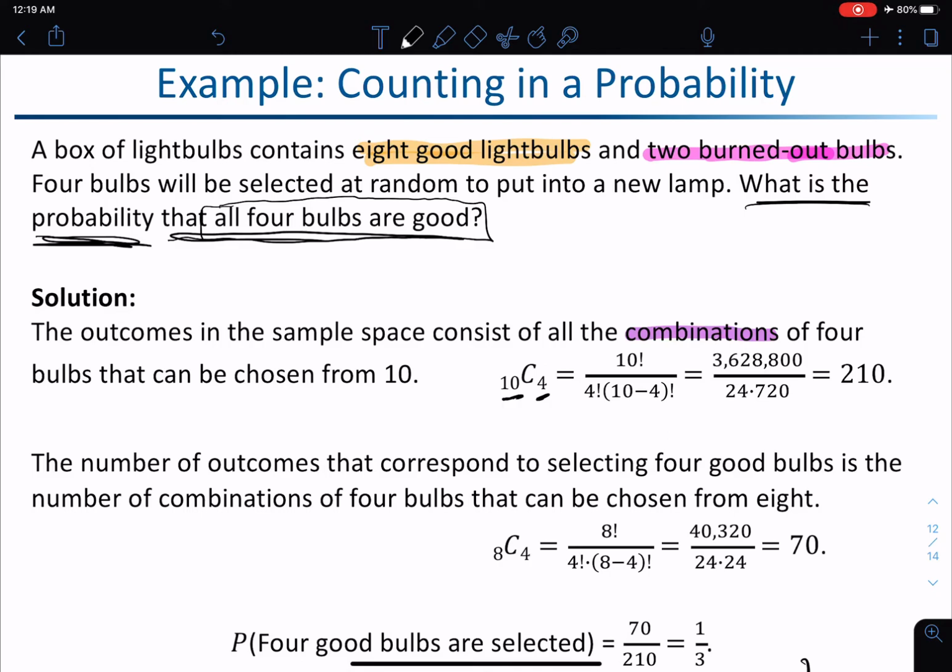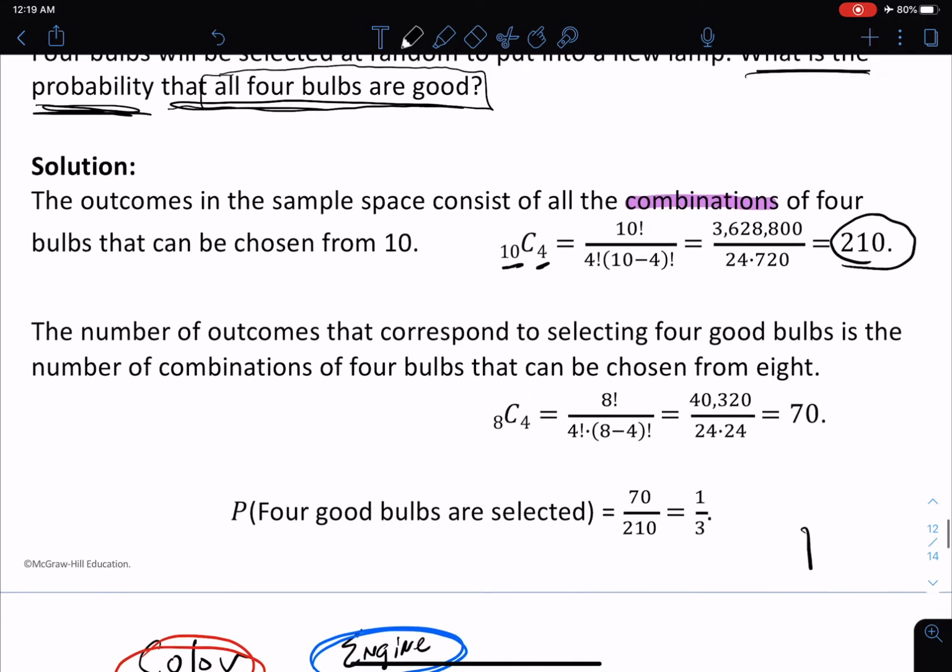We don't care, when you're picking 4, you might have 2 goods and 2 bads in there. So we have to count all possible groupings. This is just a combination of 10 choose 4, which we run through the formula, and we get a total sample space of 210 different combinations, or 210 different ways of grouping 4 light bulbs as we pull them out of the bin of 10 bulbs.